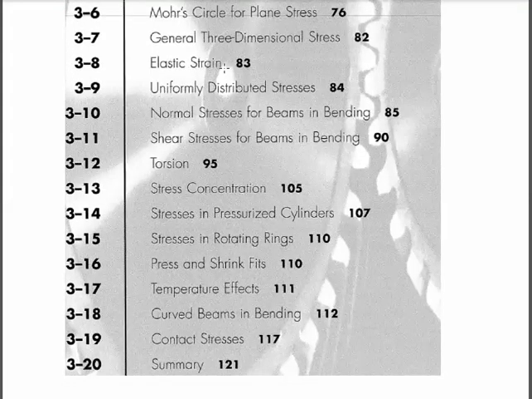Elastic strain, not so much, but uniformly distributed stresses, that's P over A, shear stresses in bending, VQ over Ib, torsion, stress concentrations, pressurized cylinders, all that, yes. Rotating rings, I won't put on the test. Press and shrink fits, which really is just pressurized cylinders applied differently. Yes. Temperature effects, no. Curved beams and bending, yes.